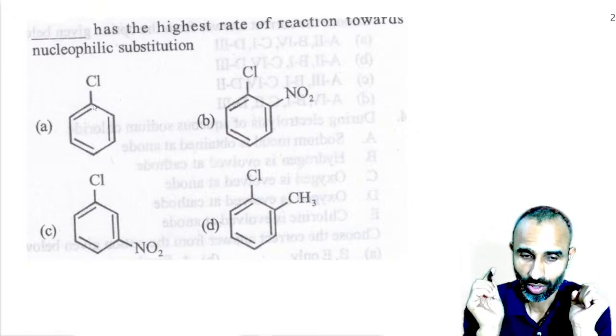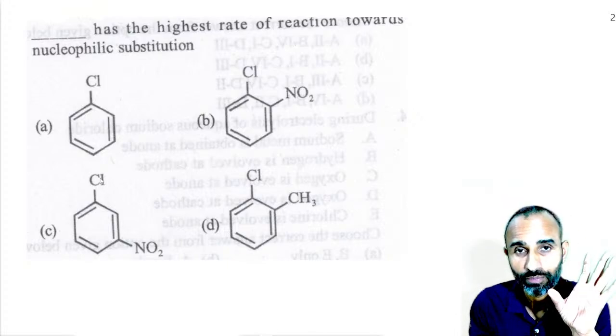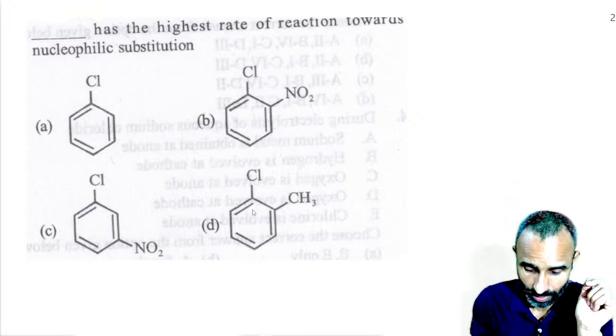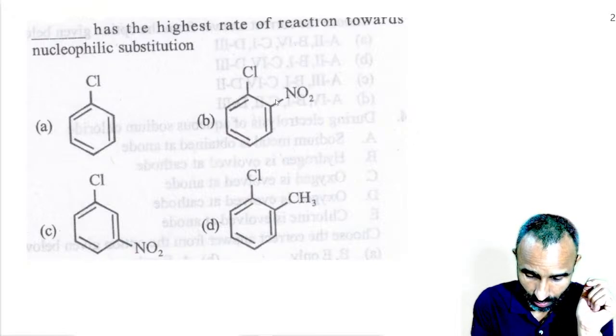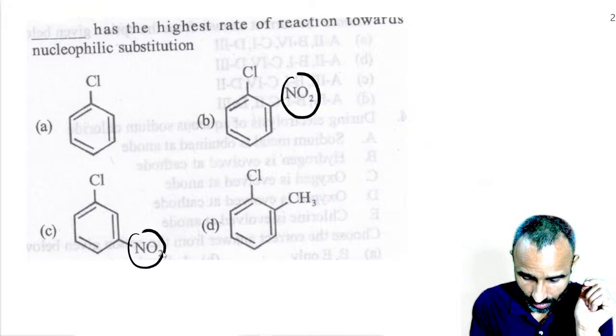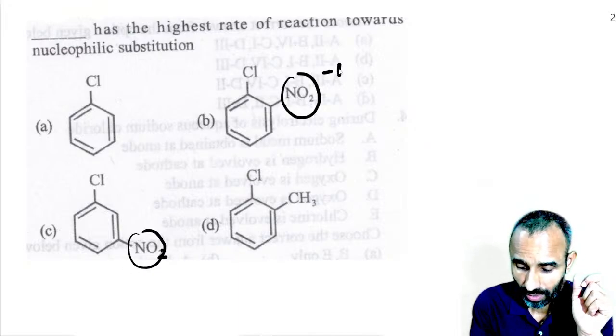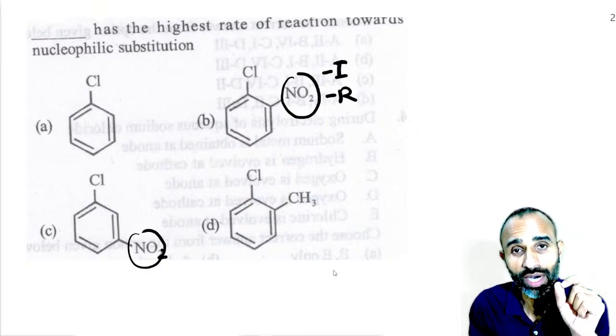So here, if we compare, all are chlorobenzenes, but in second case and third case, there are electron withdrawing groups. Here, it is electron withdrawing due to minus I and minus R effect.